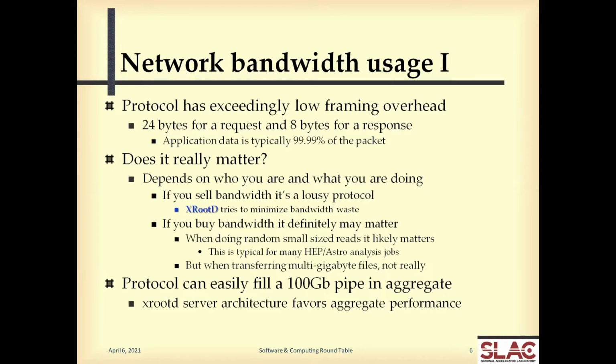That said, because of these features, the protocol can easily fill a 100 gigabit pipe. And that's been shown actually at CERN, that they can fill their 100 gig links with just a few parallel clients. And that's important to realize, because if you try to measure this on an individual transfer, you won't necessarily fill the pipe if the architecture of the server favors aggregate performance, which is what we do.